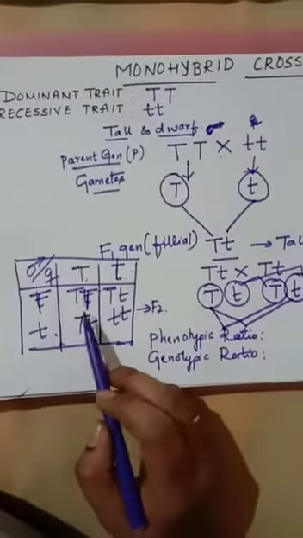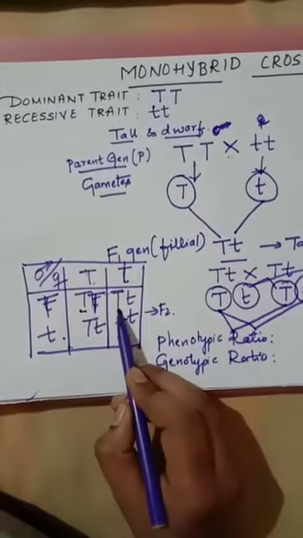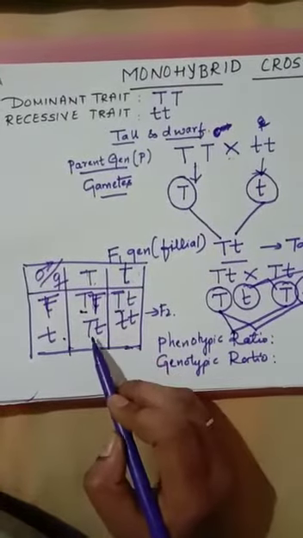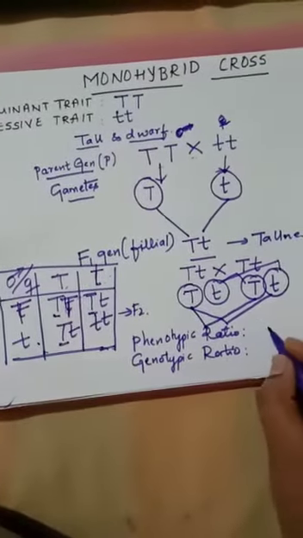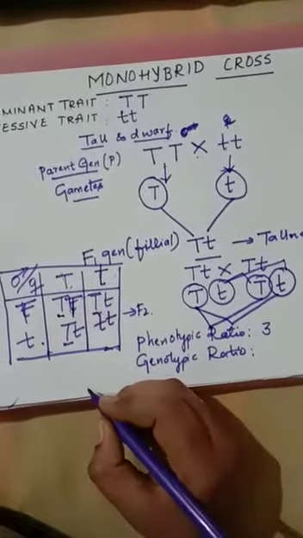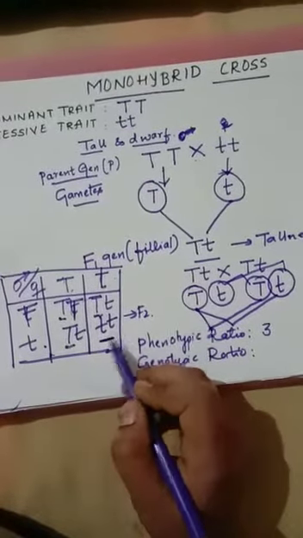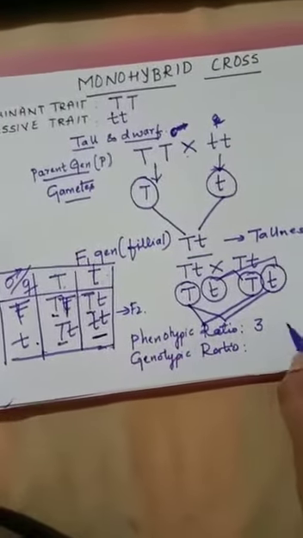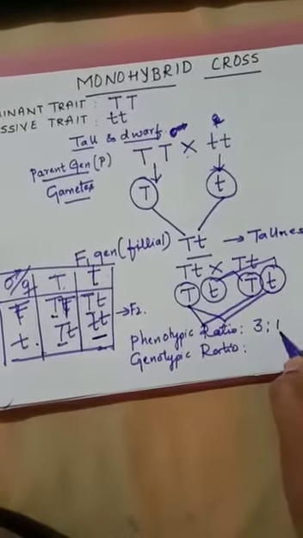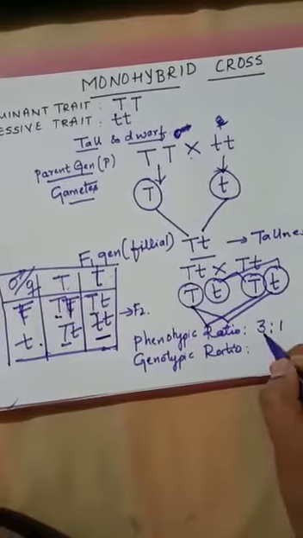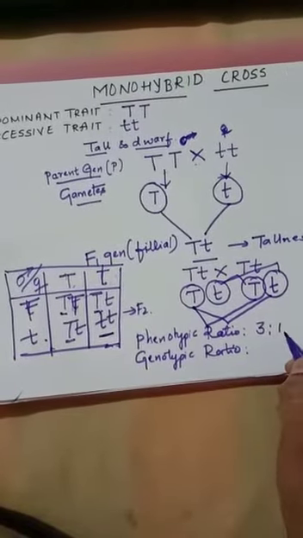Here the first one you can see is a tall character, here is also tall because T is dominant, and the third one is also T. So 3 tall plants we can see, so I'll write 3, and only one dwarf plant because it is small t and small t. Here the recessive itself is expressed as dwarf, so I'll write it as 3:1. So totally 3 are dominant plants and 1 is a recessive plant, right? 3 plants are tall and 1 plant is short in the F2 generation.